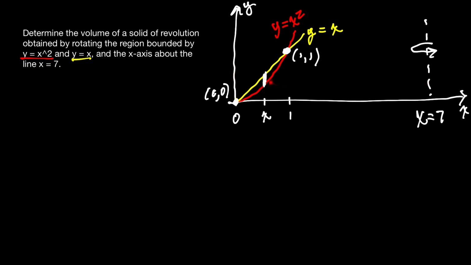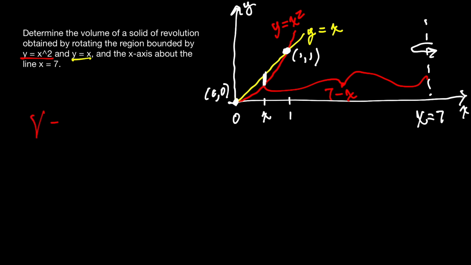So I'm only going to here for each one of my rectangles. So this distance I would call 7 minus x. I'm just taking the whole distance from here to here, and I'm subtracting x. So that's my radius.